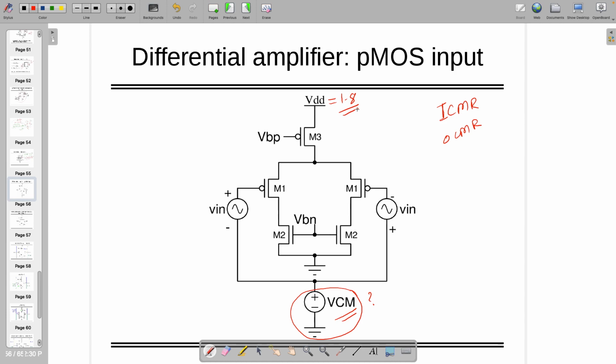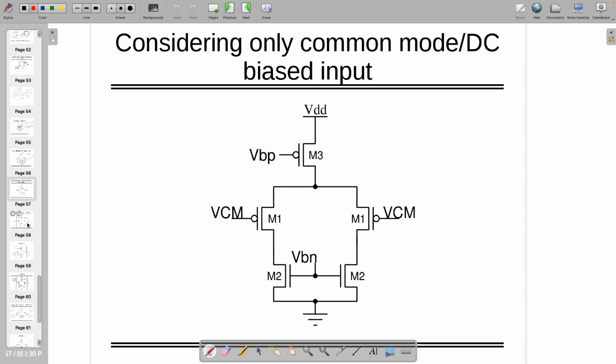So each one of them requires the VDS sat. VDS sat is equal to the overdrive voltage; some people also write VOD. Right? So can you tell me what could be the value? Okay, if you do not know, then these are the equations which you are going to follow, and we have to find out.